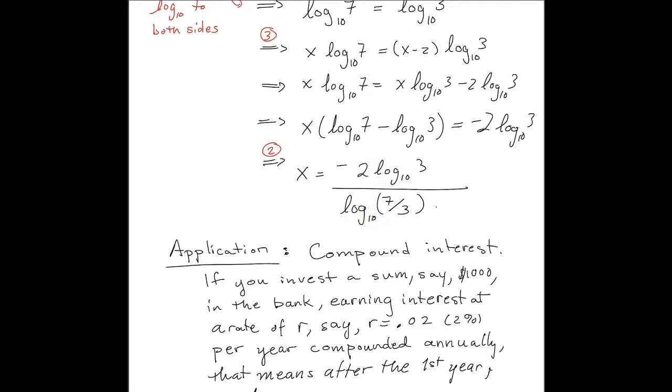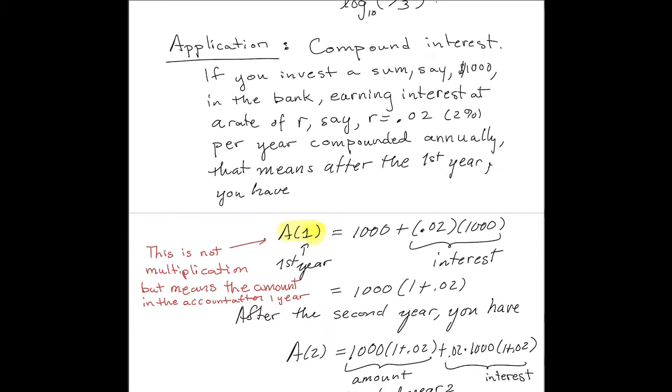Okay, the next thing I want to talk about is the application on compound interest. I'll start off with an example, and then we'll try to think about it more generally. But let's say you invest $1,000 in a bank, and it's earning interest at a rate of 2% per year, compounded annually.